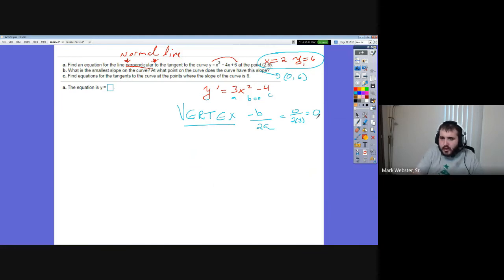So let's plug in x here. That's just 3 times 0 squared minus 4, which is just going to be -4. So what's the smallest slope going to be? -4. That's where the vertex is. That's where the slope is the smallest.